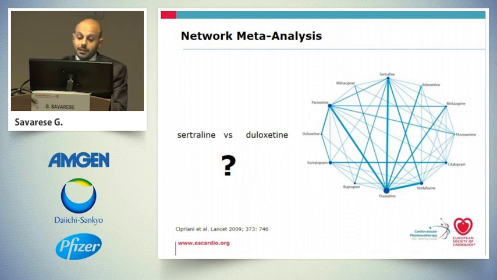For example, all these drugs are directly compared in randomized clinical trials, but there is no trial directly comparing sertraline, that's here, together with duloxetine. You see there is no line connecting these two drugs. But for example, duloxetine is compared with fluoxetine. Fluoxetine is compared with sertraline. So we could use information from this indirect comparison in order to know something about sertraline versus duloxetine.